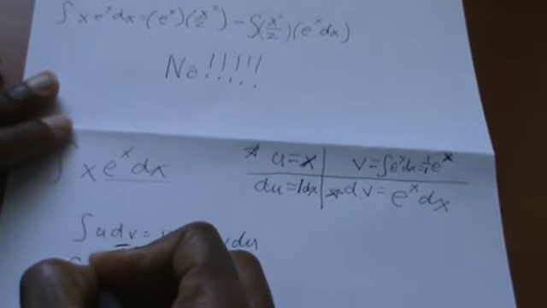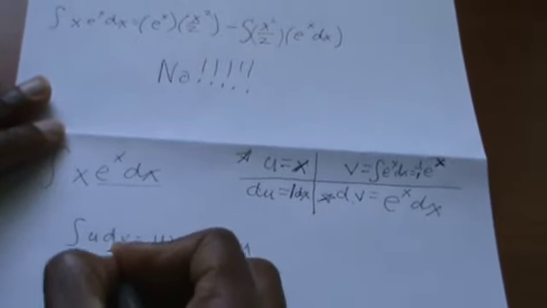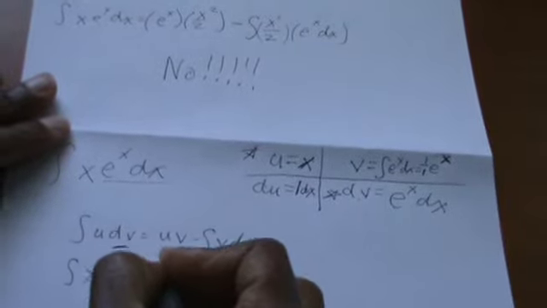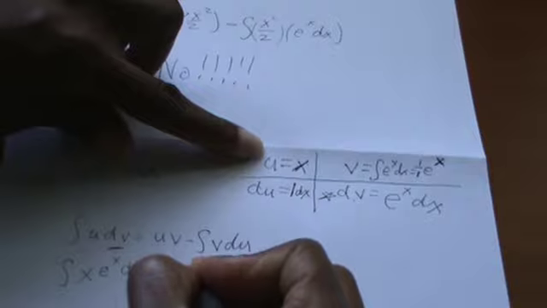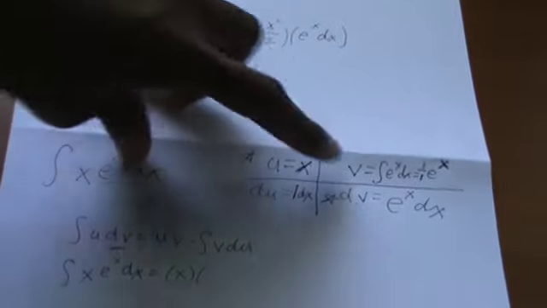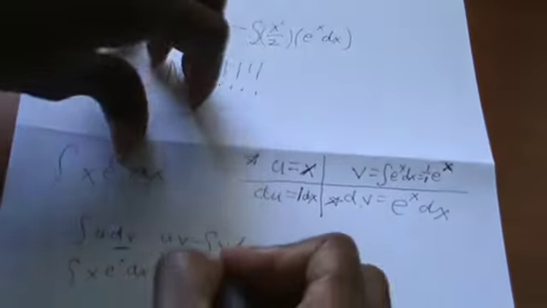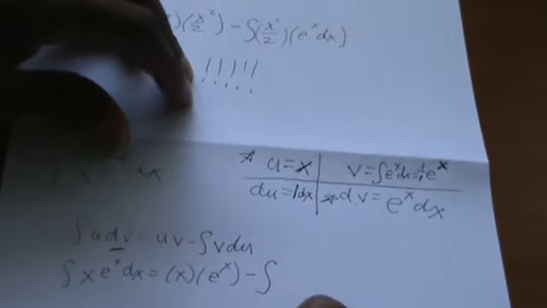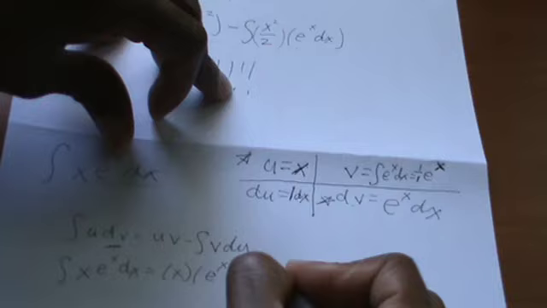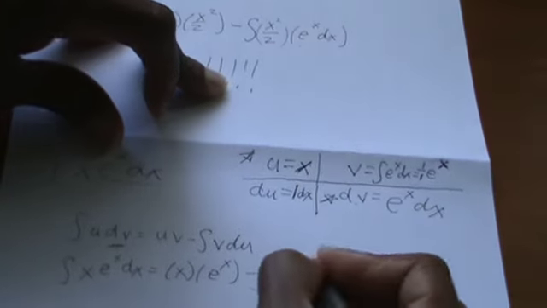So the antiderivative of x times e^x dx is equal to u, there's my u, times v, there's my v, e^x, minus the integral of v, which is still e^x, times du.